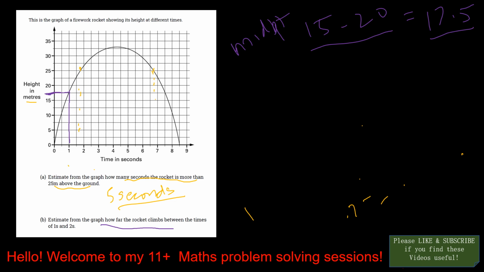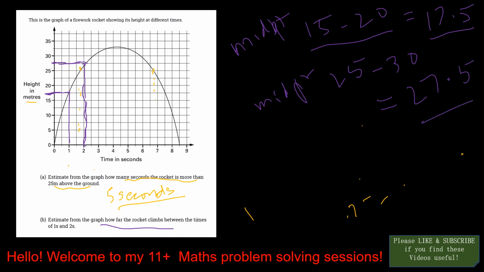Then to 2 seconds, between 1 and 2 seconds, I again draw this line. You can use a ruler on your paper. This is the midpoint between 25 and 30, which is 27.5. Is that understood?